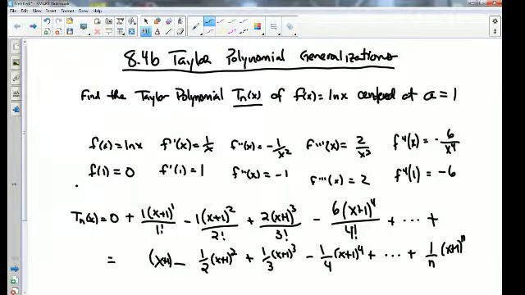Anybody know how to deal with the sign change? If it's even, it's negative, right? There are two options for this alternating Taylor polynomial.